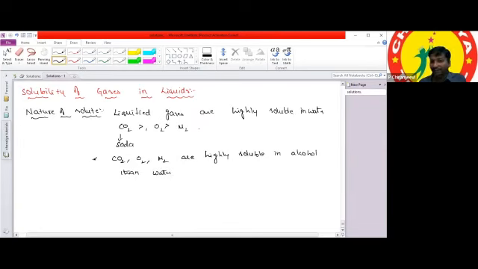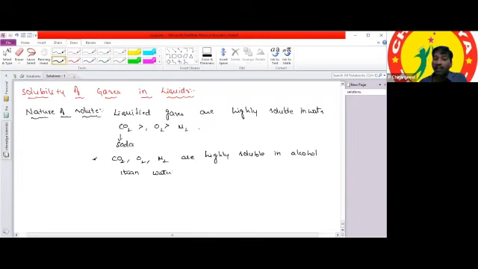This is a condition. Generally carbon dioxide is the more content here. Easily liquefied gases are highly soluble in water, and if you compare all these gases, carbon dioxide, oxygen and nitrogen are highly soluble in alcohol than water.